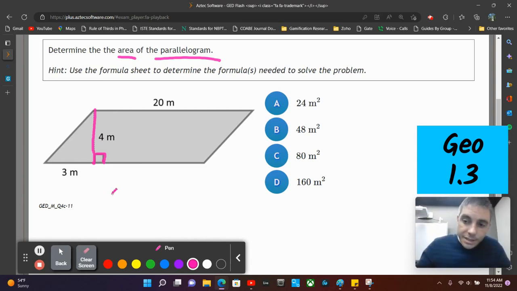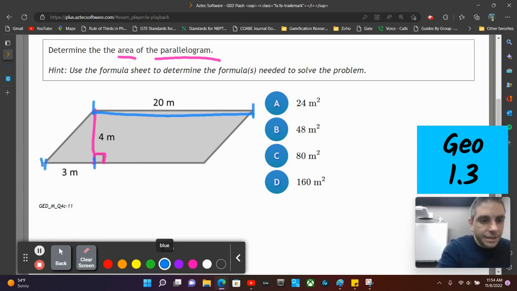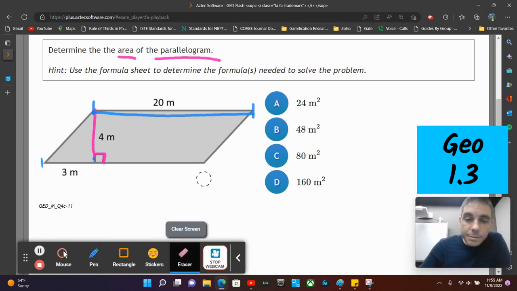Now, what is my base measurement? 3 does not describe the full distance. It just describes the corner to that point where the height touches the base. One of the properties of a parallelogram is that the distance of the base on the bottom part of the shape is the same as the distance on the top part of the shape.